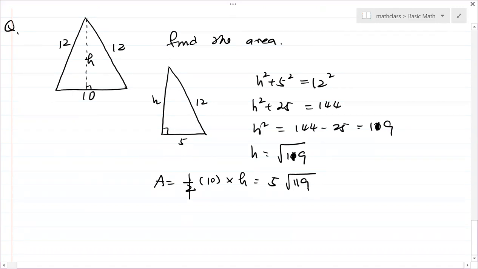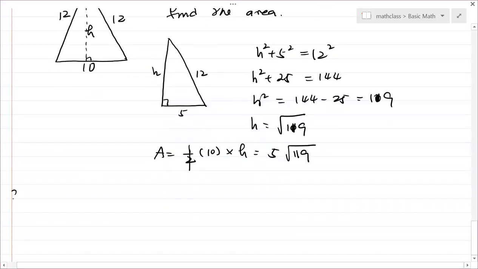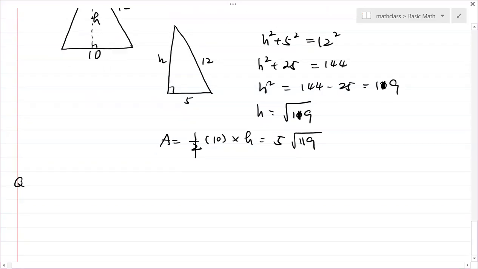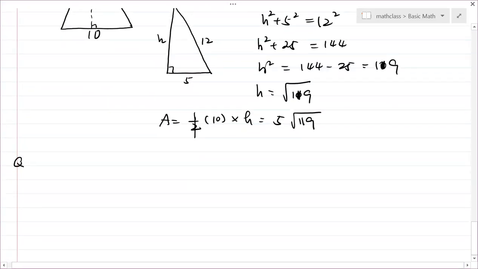So in many cases, you get radicals, okay? You do not get integers. Now, if you recognize this is a right triangle, that helps you to solve the problem. Sometimes the triangle is given in a very bad position, like here's a 5, it's 12, and the 13.